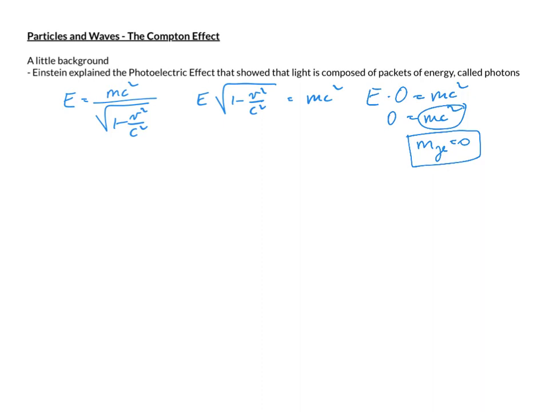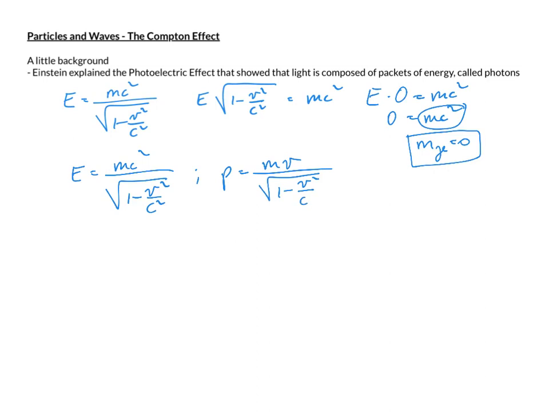Now also, since the mass of the photon is 0, we can't use the energy and momentum expressions that we used before, so we have to come up with different expressions for them. So back to E equals mc squared divided by the square root of 1 minus v squared over c squared, and the momentum of a particle was mv divided by the square root of 1 minus v squared over c squared.